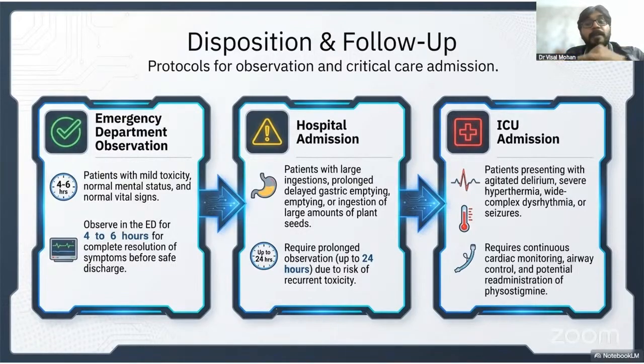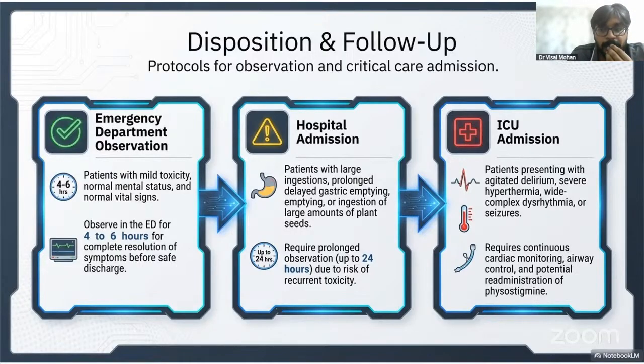Okay, if the patient presents with agitation, delirium, severe hyperthermia, wide complex tachycardia, seizure, central symptoms, in these patients we start continuous cardiac monitoring, might need airway stabilization, might need the antidote physostigmine. Like we said, the onset is rapid, but the half-life is also short.